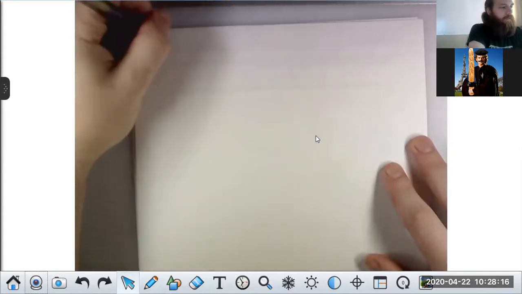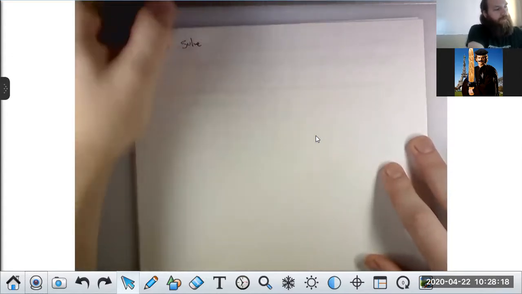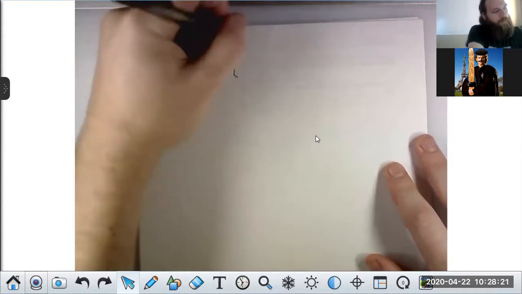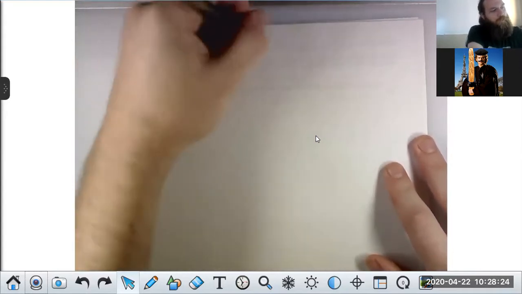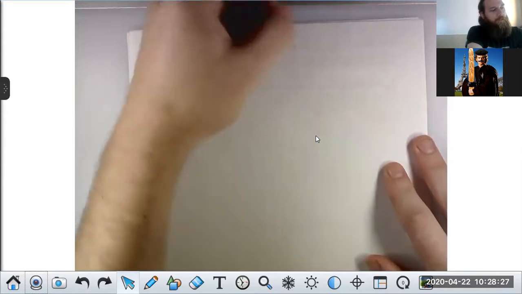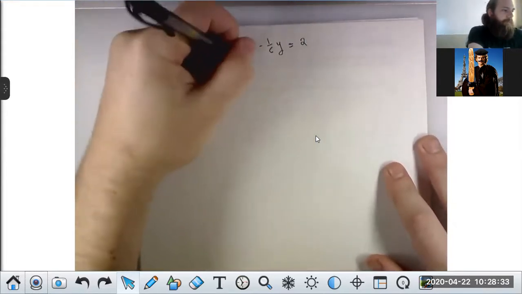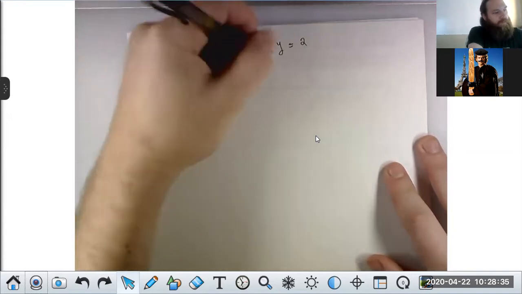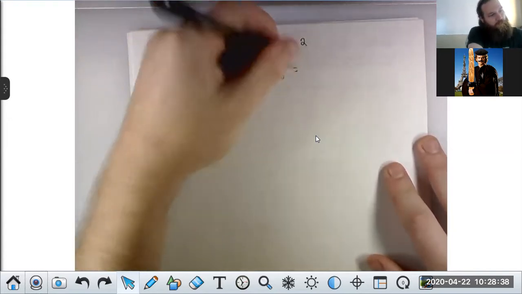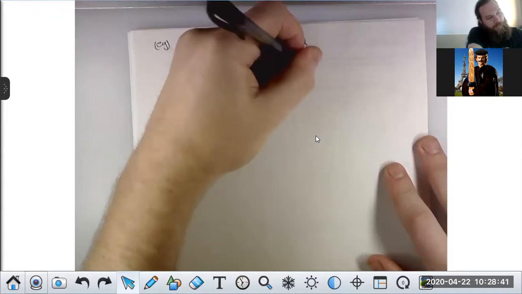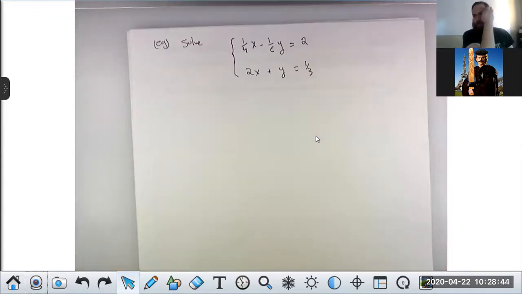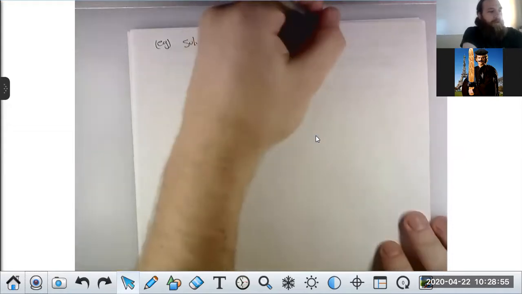So let's solve this one. I've got 1/4 x minus 1/6 y equals 2, and 2x plus y equals 1/3. And I want to solve this by elimination.